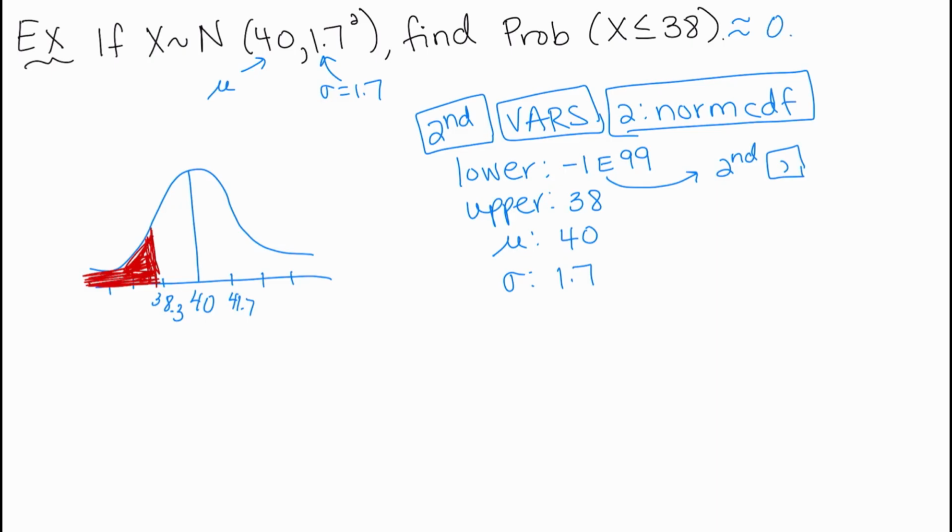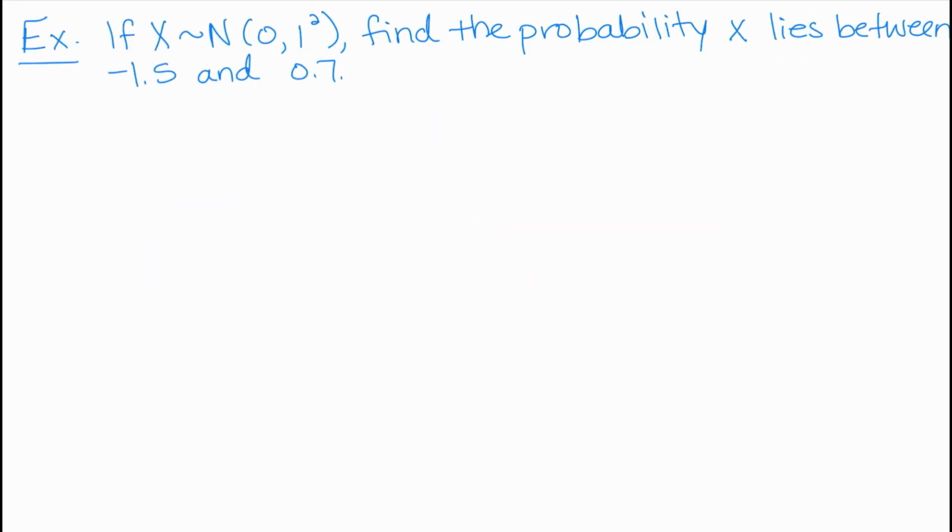So this answer is 0.1197, which means it's approximately equal to 0.120. And so that means that the area under the curve that I shaded in red is about 12%, or 0.12. Okay, so let's head on over to this last example.